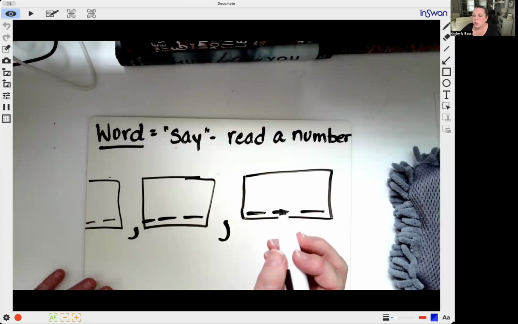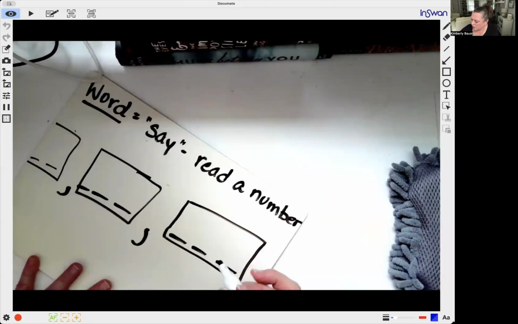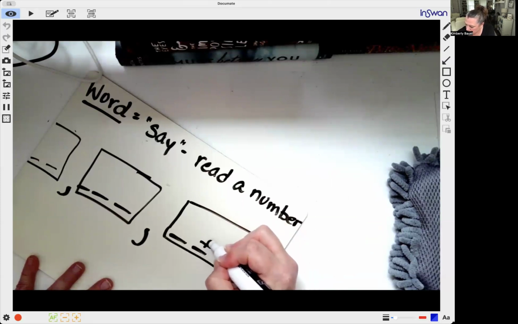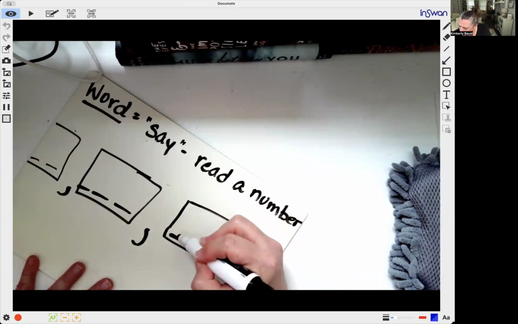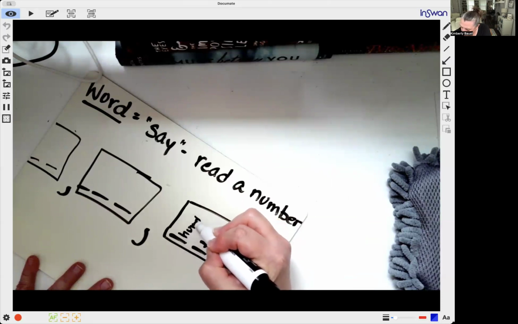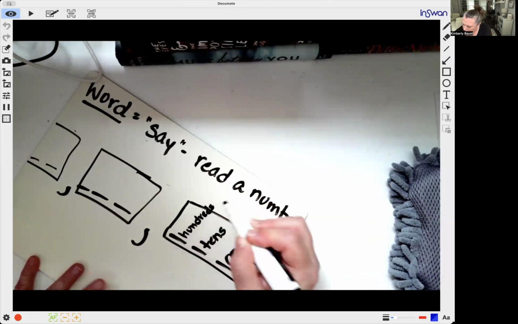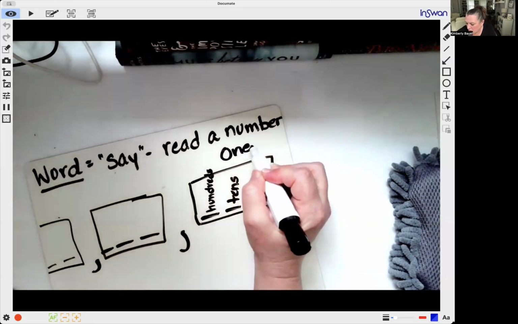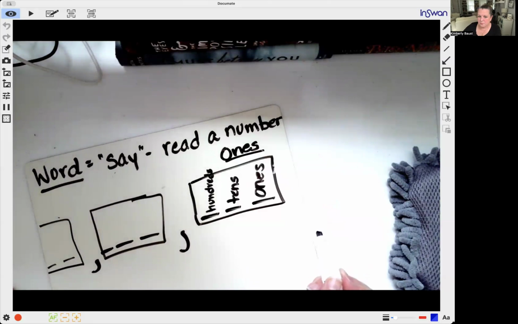Okay. So this right here is the ones place, the tens place, and the hundreds place. This train car is called the ones car. Okay.